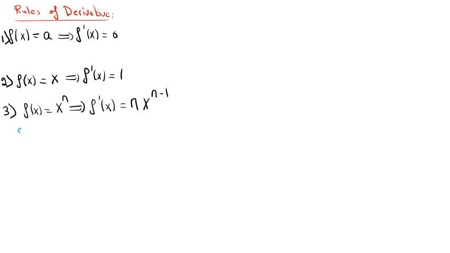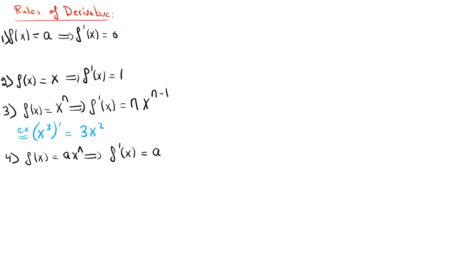Example, if we have x power 3 and we want to make the derivative, the answer is 3x squared. In the same way, if f of x equals a x power n, where a is constant, it implies that f prime of x equals a, we keep a, multiplied by n, and make n minus 1.